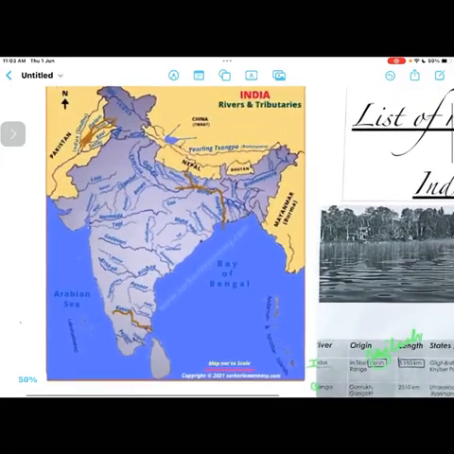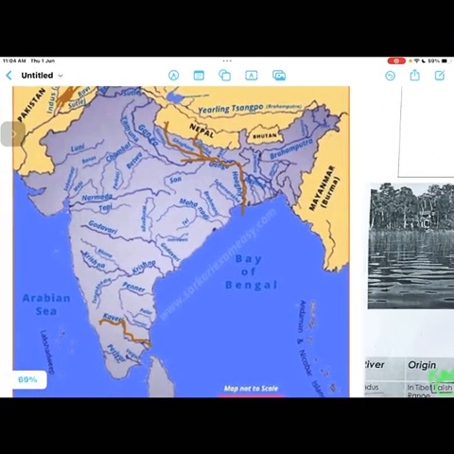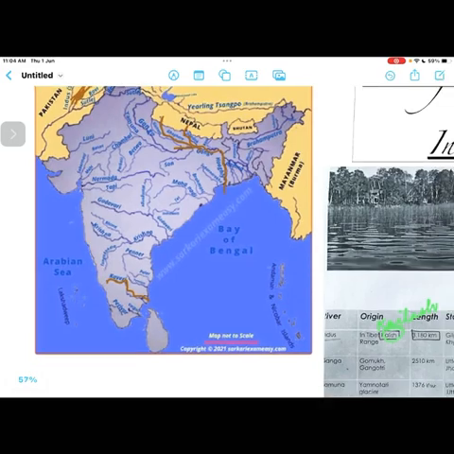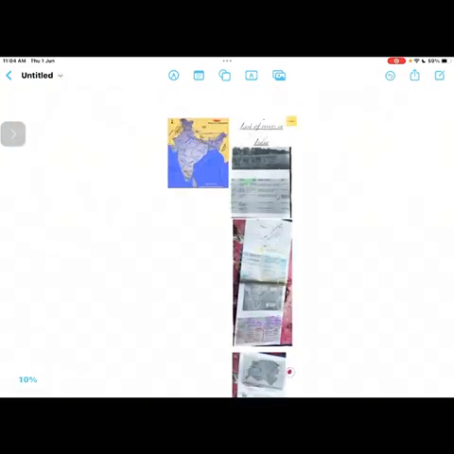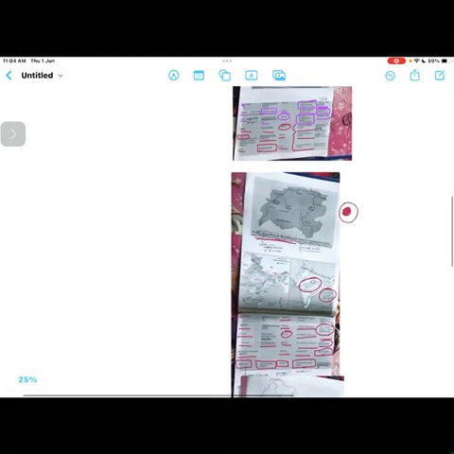What we are left with? Ghaggar and Damodar. So your Ghaggar is basically where? Here it is. So it is Ghaggar. And your Damodar is? Where did we study Damodar? Let's check it again. As I cannot find the name. Damodar, Chota Nagpur Plateau. Right, meeting with Hooghly.